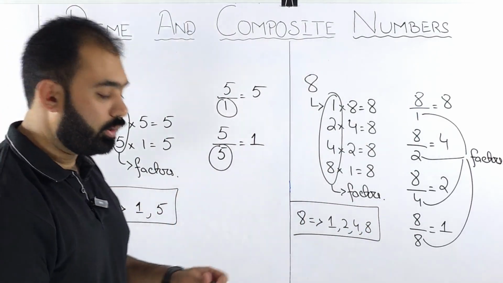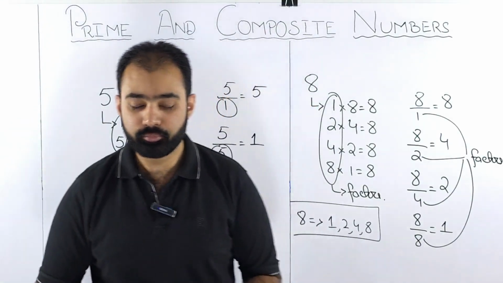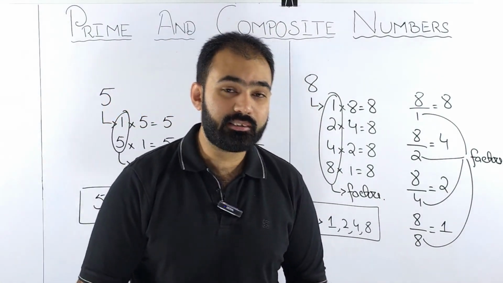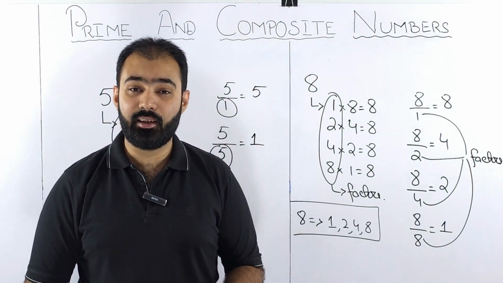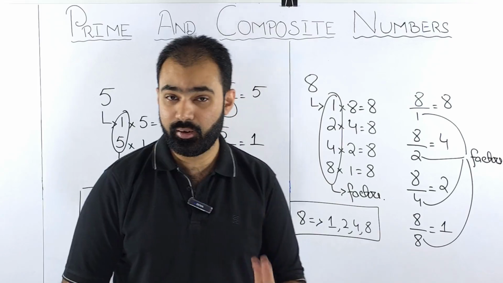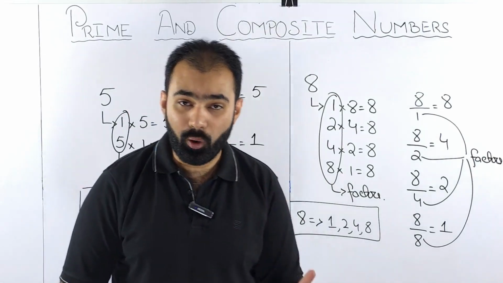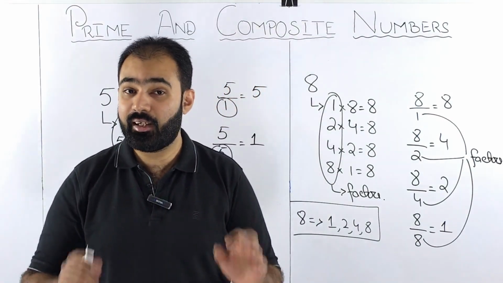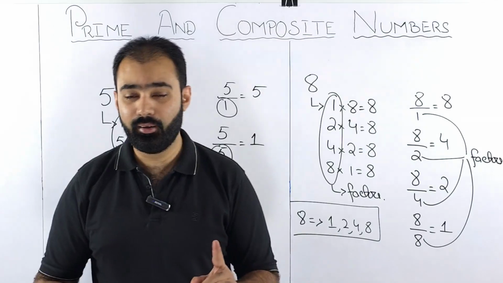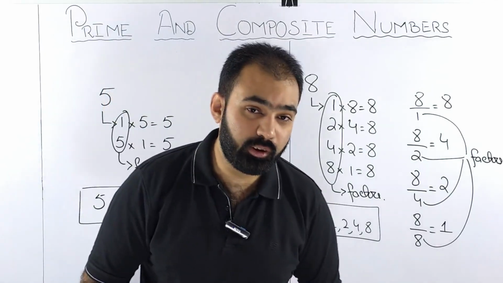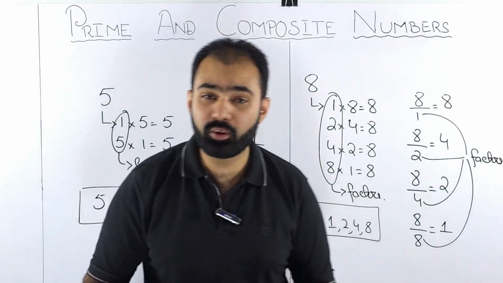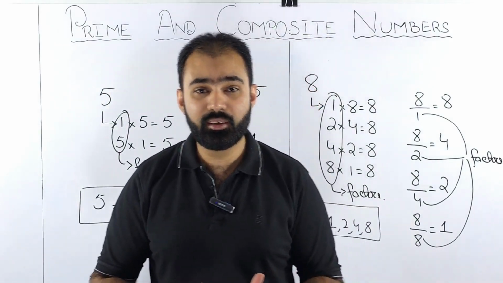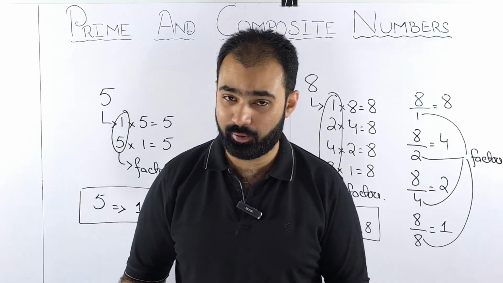Let's introduce our definitions here. A prime number is any number that has exactly two distinct factors, one and itself. Two distinct factors, exactly two, one and itself. And a composite number is any number that has more than two factors. Besides one and itself, it will have some other factors.